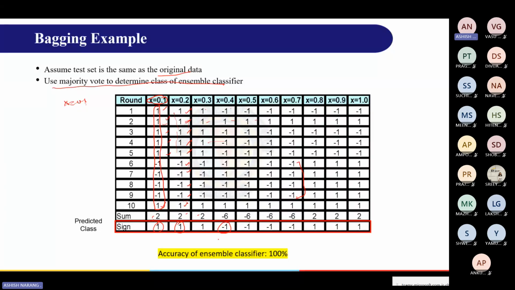If I look at it this way and compare it with my training data, it is 100% correct. Training accuracy has changed to 100%. Though the individual classifiers have errors, when I put them in an ensemble, it is 100% correct.